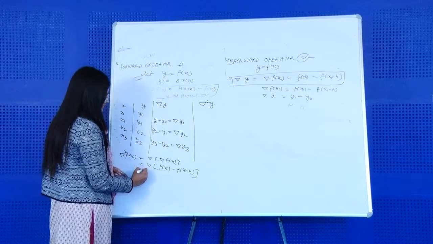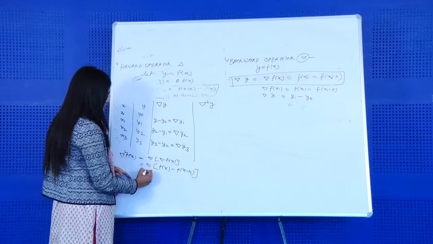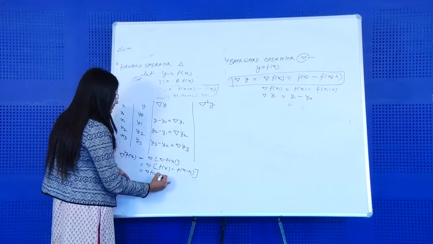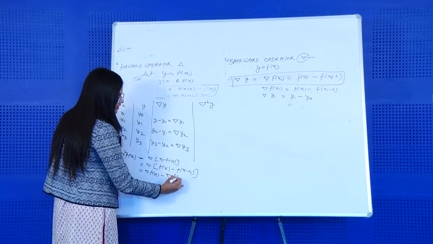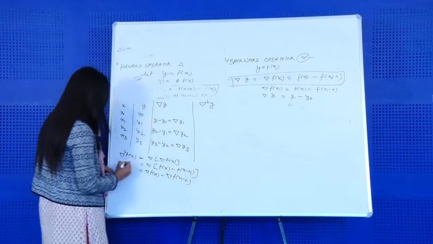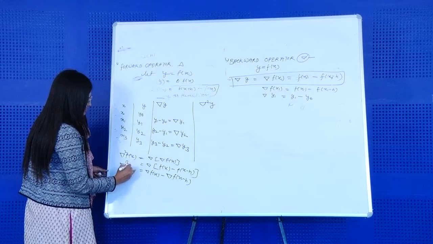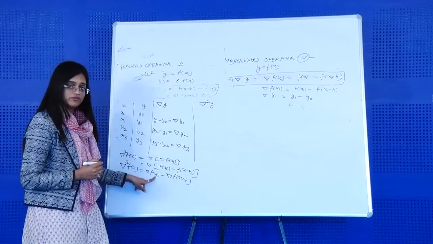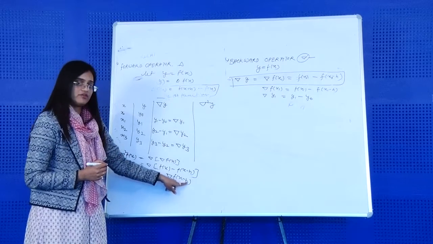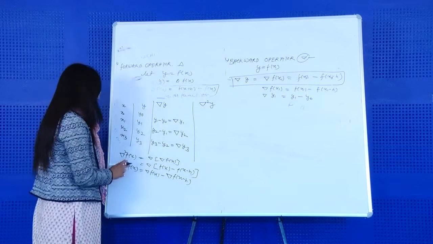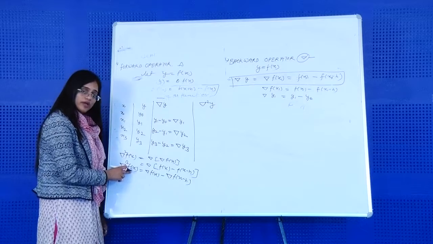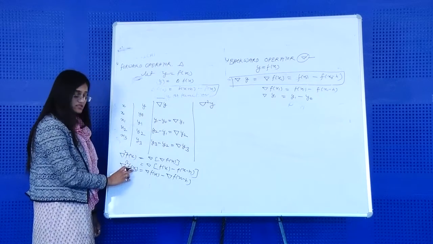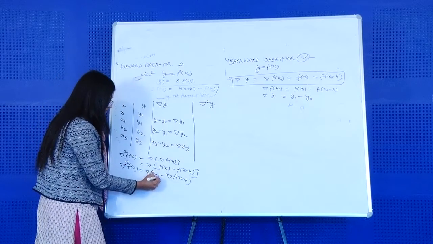I distribute this nabla with the distributive law on every function. I get nabla of f of x minus nabla of f of x minus h. So nabla square of f of x is nabla of f of x minus nabla of f of x minus h. For every backward operator, every time we have to initialize this x value with the 1.